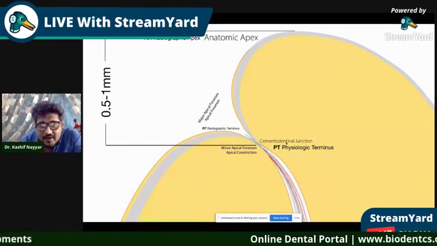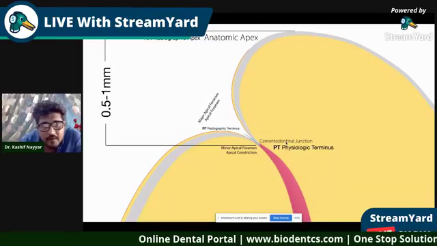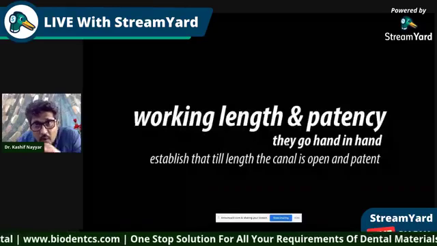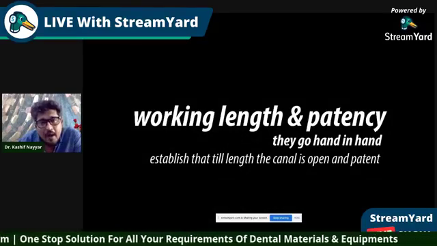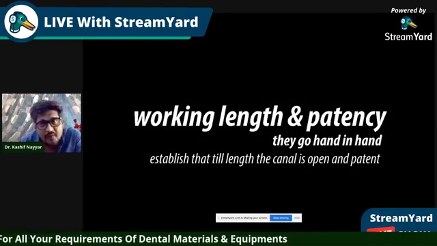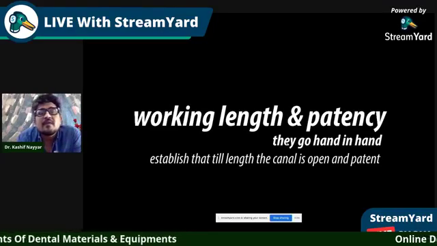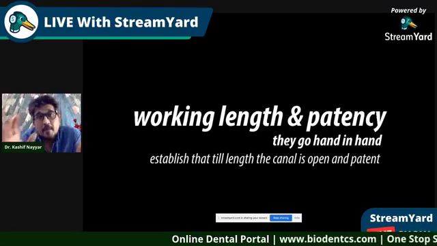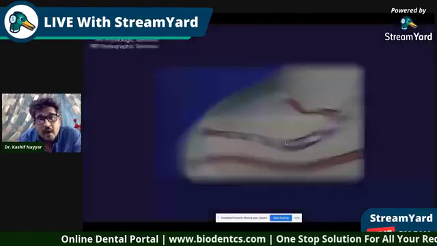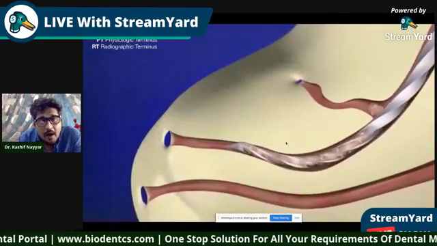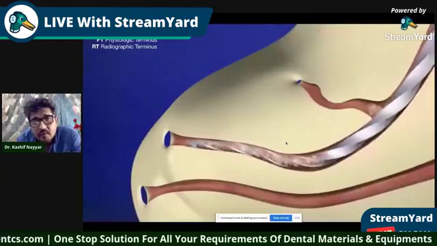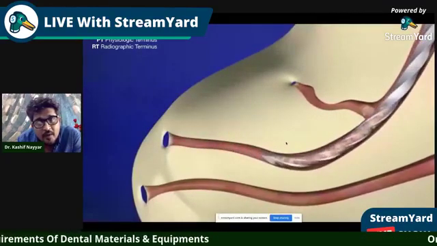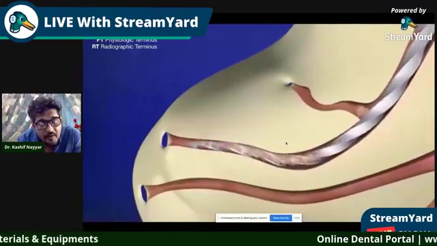So let's see in this animation what this is all about. The working length and patency go hand in hand, and we have to establish that our file is going through the apex. Okay, so this is how we establish that. In the previous illustration, you have seen how we perform the working length to the apical area.